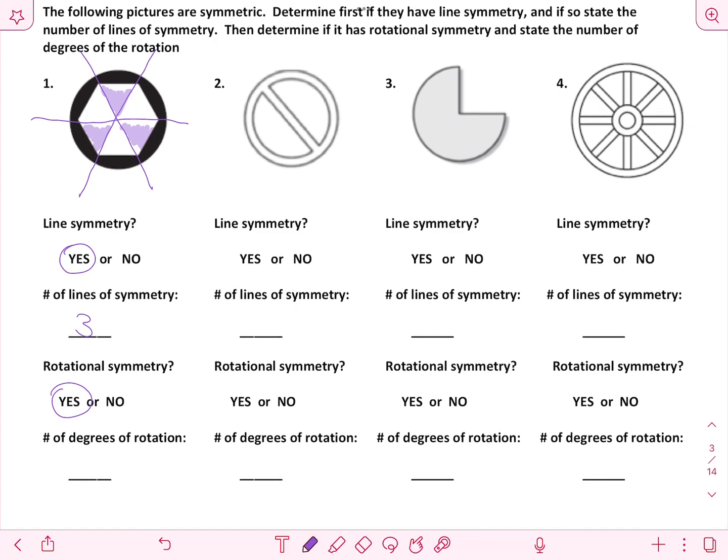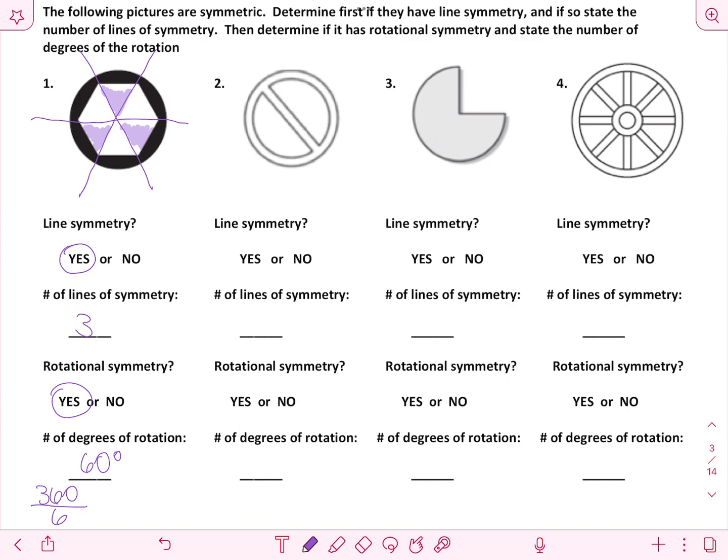So if we determine that we have rotational symmetry, what we want to do is take 360 and divide it by how many pieces are identical. So in this case, we're going to take 360 and divide it by 6 even pieces. And so we have 60 degrees for rotational symmetry.